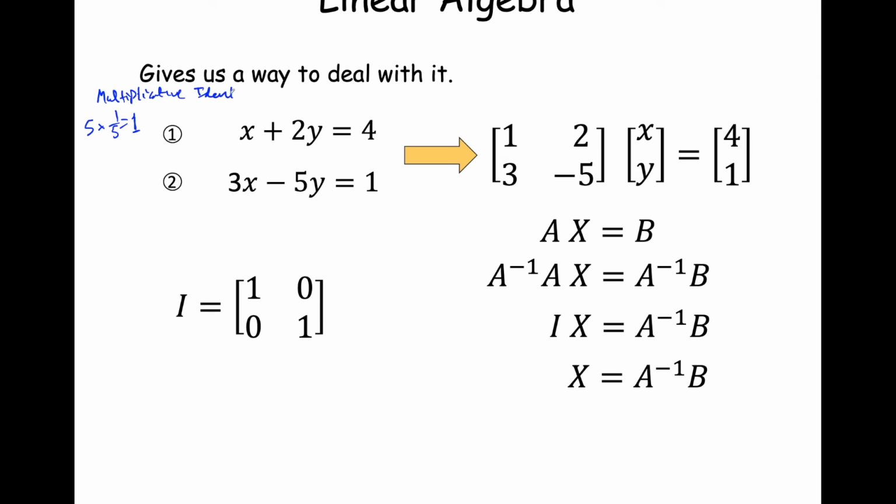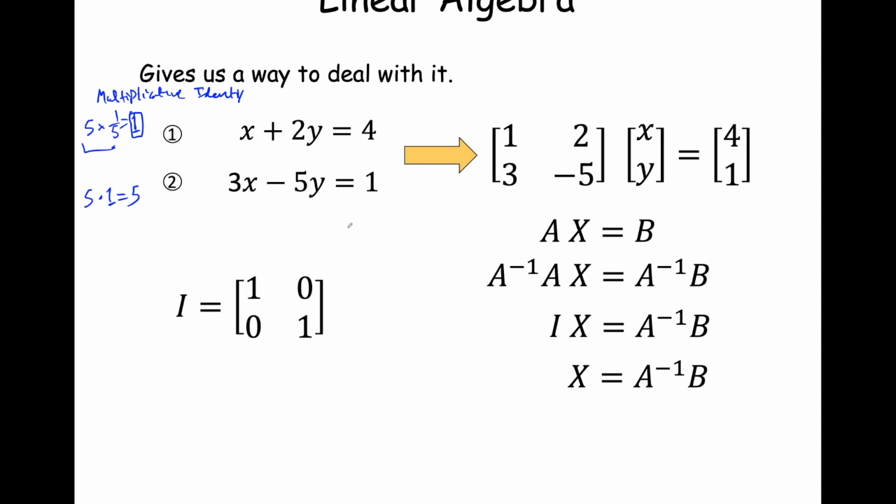And what that means is that multiplying a number, like 5, by multiplicative identity is going to give you back the number itself. And so said differently, if we multiply 5 by its inverse, we get this thing that we're calling identity.